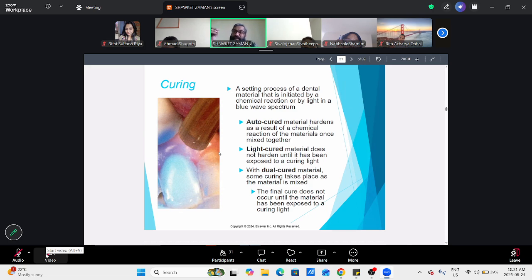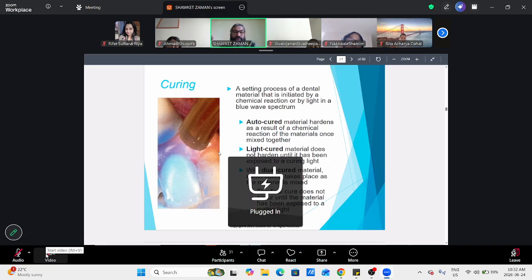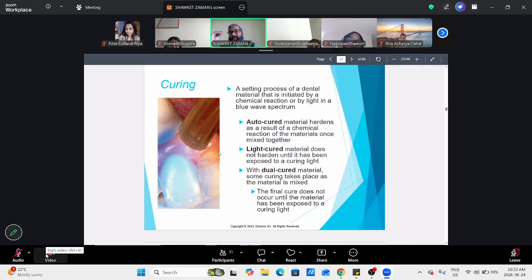We want the materials to become soft and pliable. But at the same time, once we complete placing the material on the tooth surface, we want the material to become hard. For hardness, it needs to go through some reactions. It is called the setting process of the dental materials.